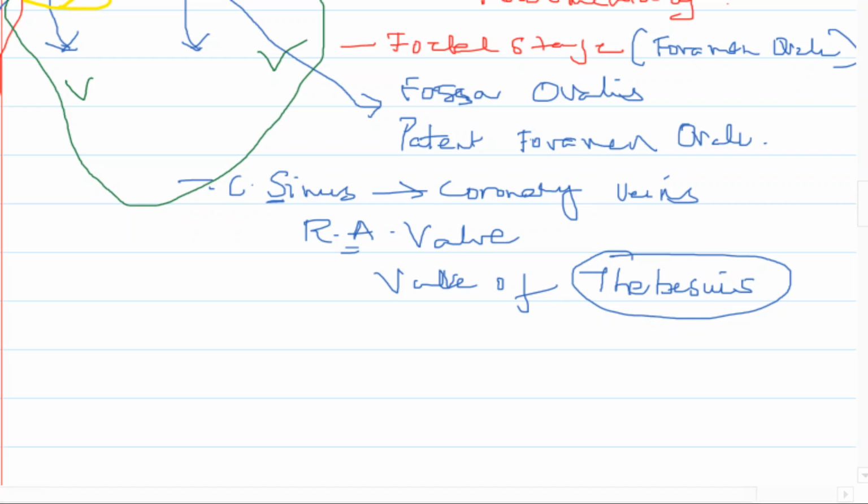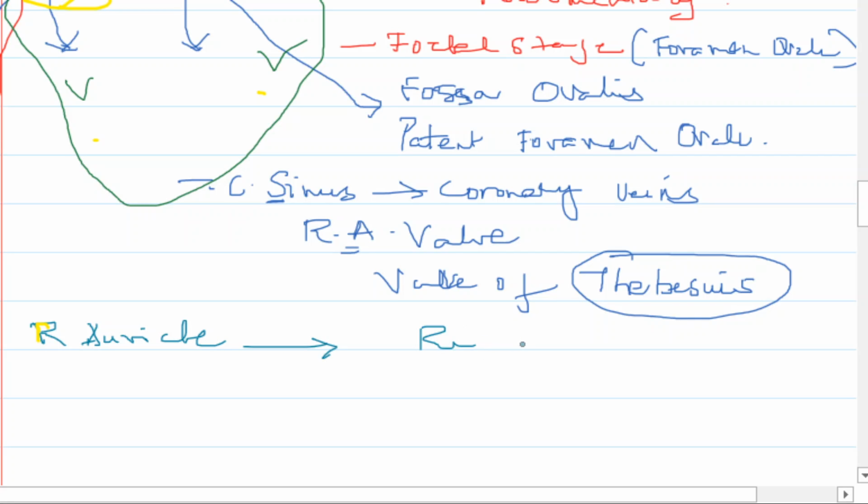Okay, from the right auricle to right ventricle and the left auricle to left ventricle. So one is from the right auricle to right ventricle. What is this called?